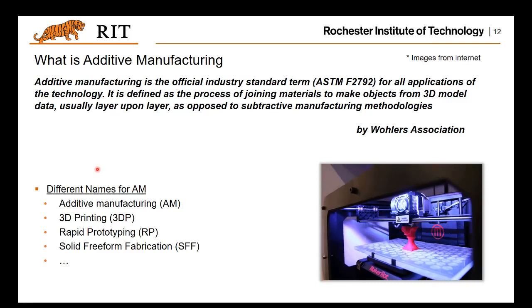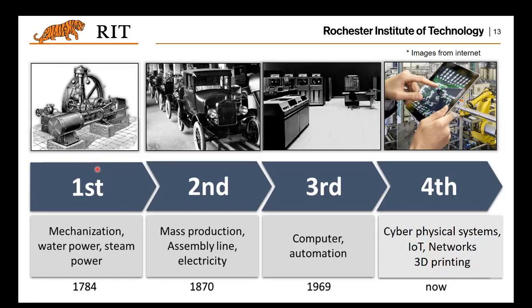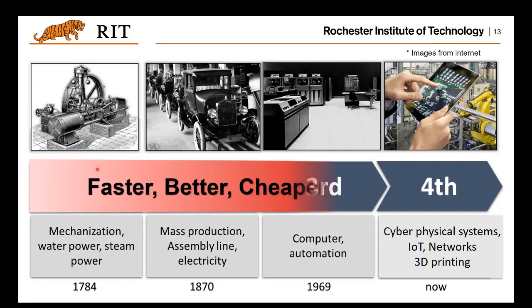If we look at the development of manufacturing in industry, you will find a very interesting trend. During the first three industrial revolutions, we solved one central problem: how we could produce products faster, better, and cheaper. We came up with automation, the assembly line, and the conveyor system, right?